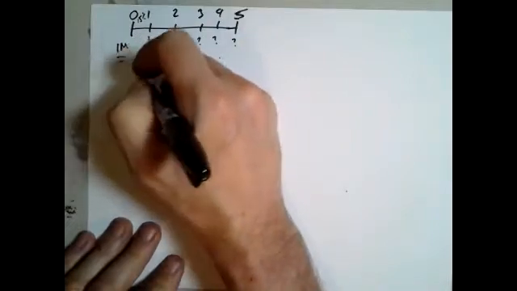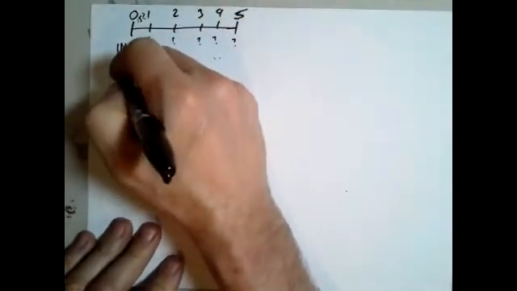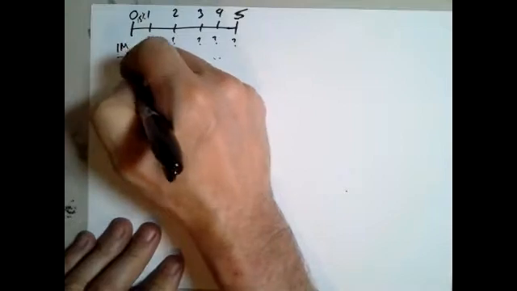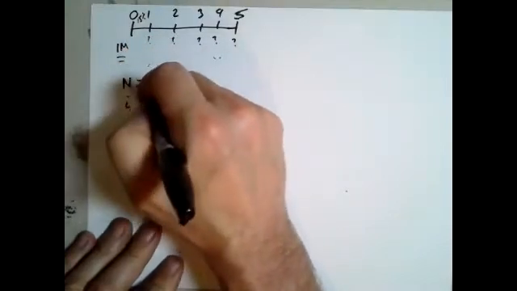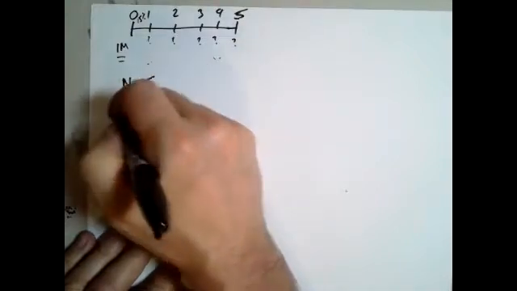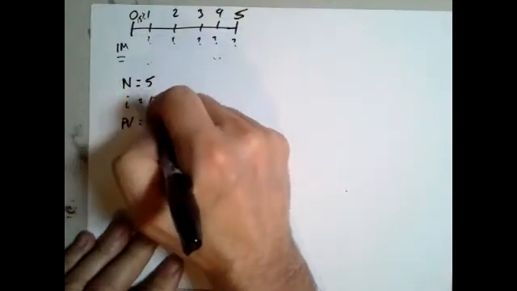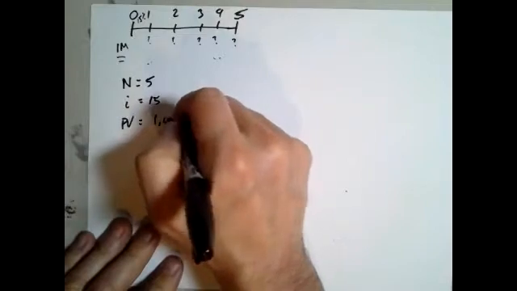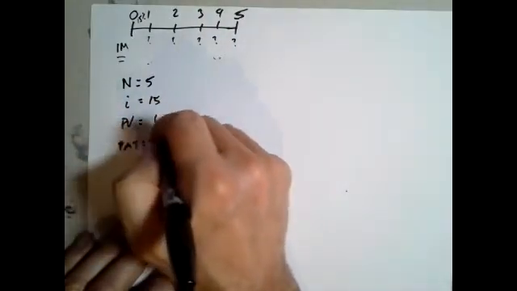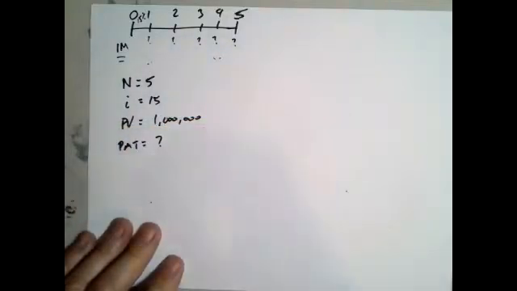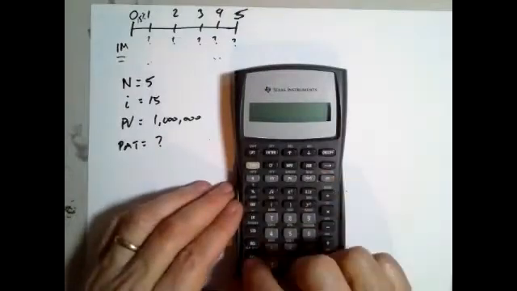So let's look at it from the perspective of using our calculator and our TVM. So n equals 5, I equals 15, PV equals 1 million. What we want to know is, what is our payment that we will have to pay out in order to pay off this loan.